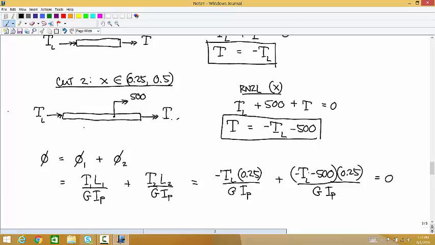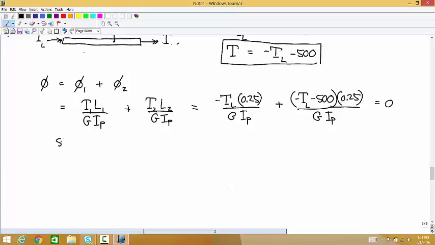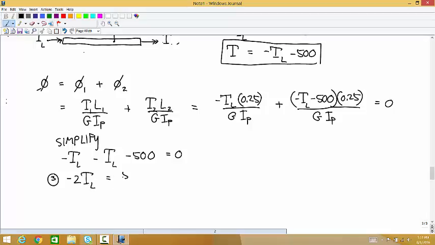Well, you can multiply both sides by GIP and cancel some stuff, and you can divide by 0.25 too. So if we simplify this a little bit, we get negative TL minus TL minus 500 is equal to 0. And so our third equation says negative 2 TL is equal to 500.